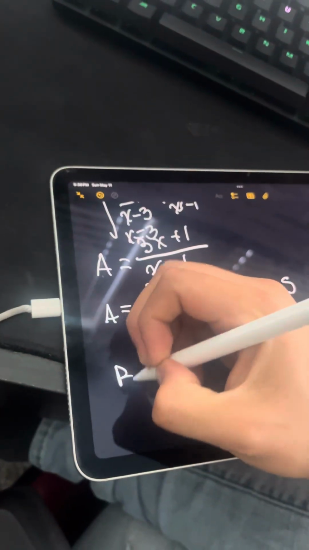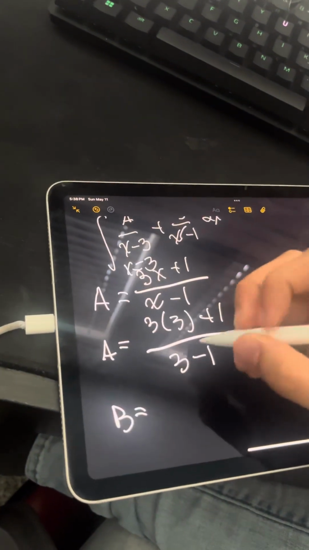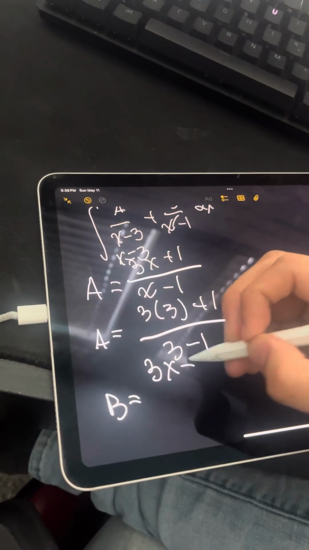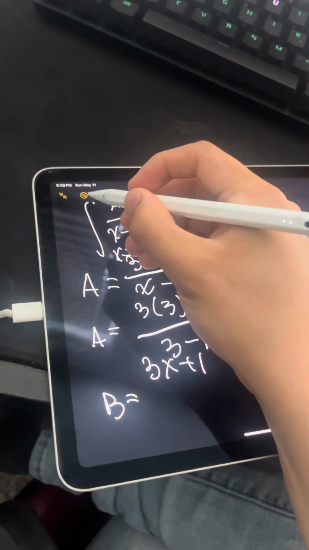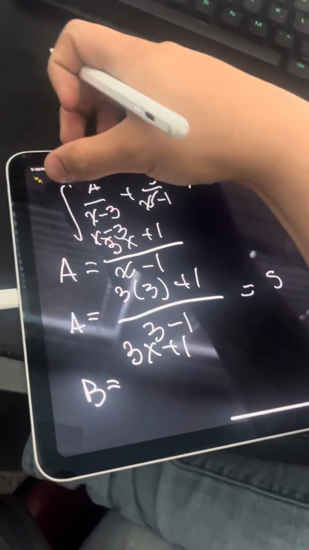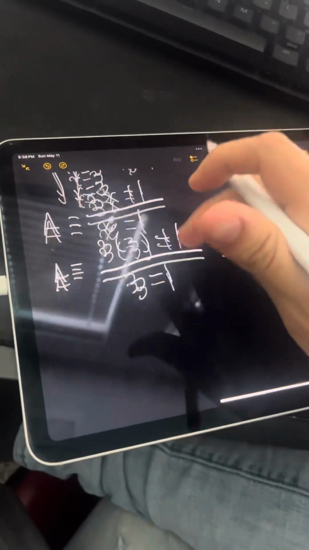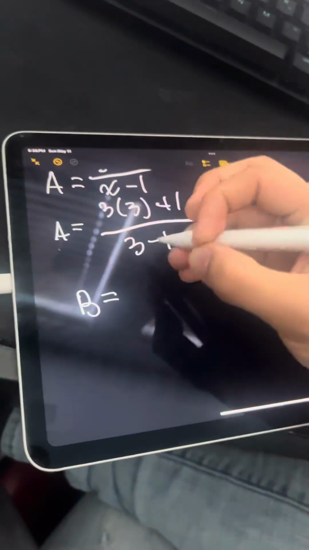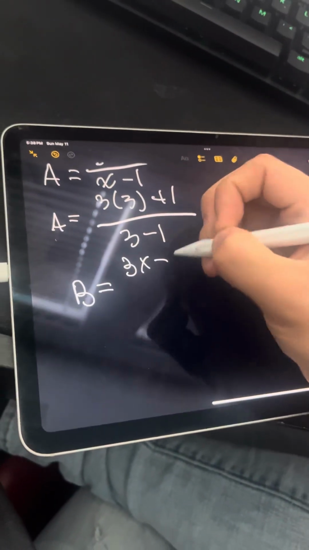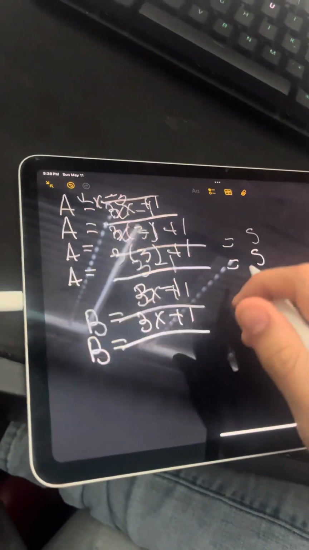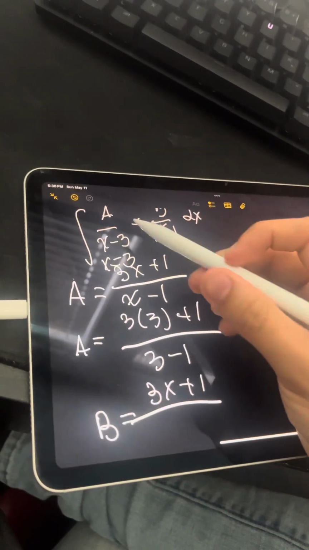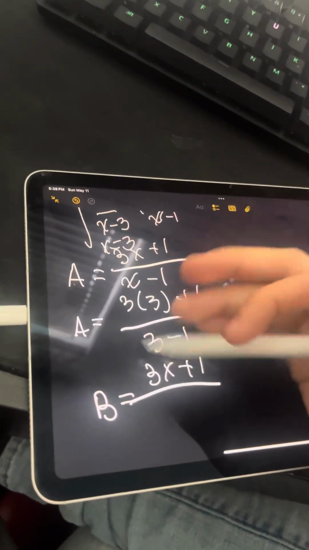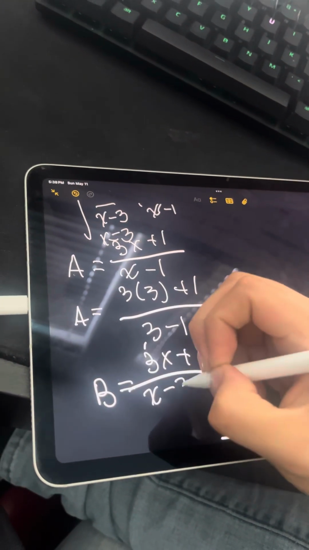And then we do the same thing for our B term. I'm going to plug in the 3x plus 1 that we had, over the other term, which is x minus 3.